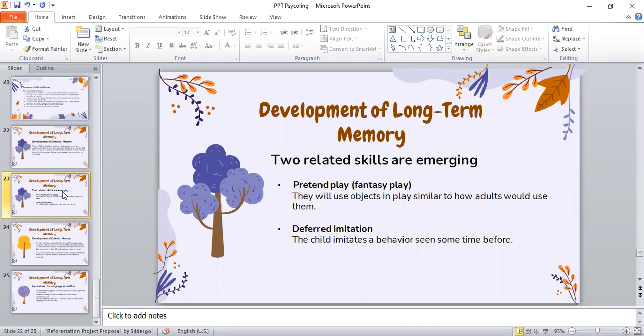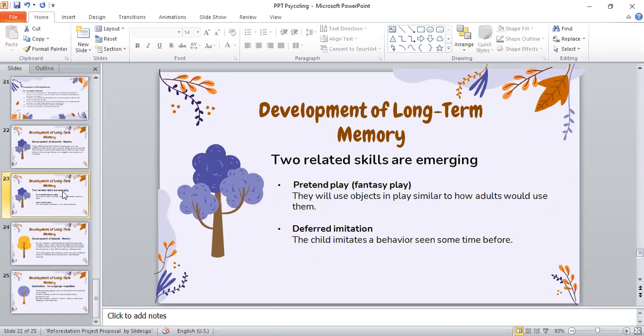For example, when infants are 12 months old or so, putting spoons in their mouths, and at about 18 months, combing a doll's hair with a toy rake. This is symbolic play. It suggests that infants can understand that one object can stand for or represent another.